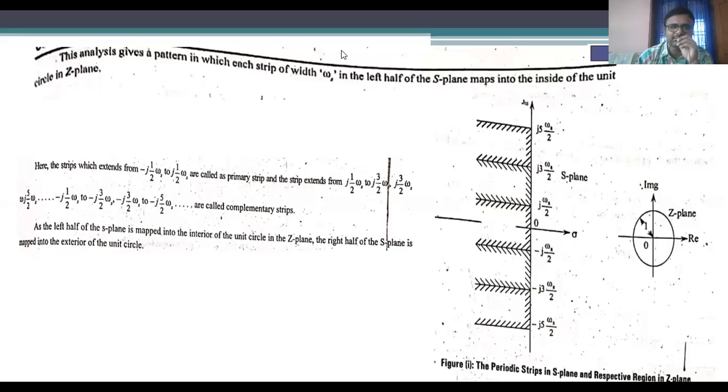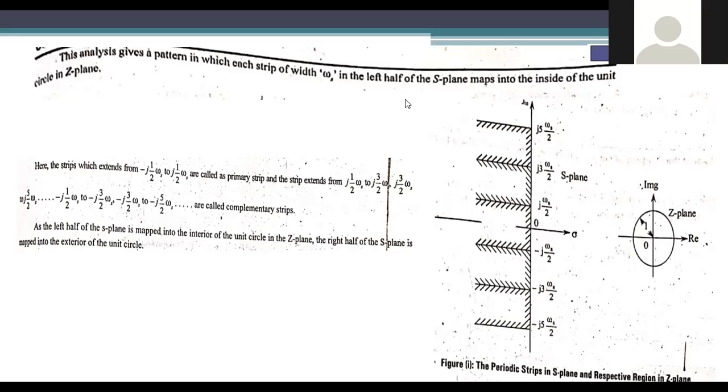Okay, so if a pole moves within the primary strip, then that particular pole is going to be considered as stable. That means that particular pole lies within the unit circle, and if the poles move in the complementary strips region, then that particular system is going to be considered as an unstable system.